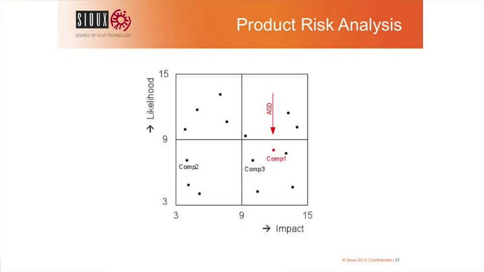So what we're seeing is that we still need to test these components also when they are generated out of models, but the way we test them can be different. We can use less formal test techniques. We can use less time on these test techniques. So we still need to test them, but the test techniques will change, the test approach will change. Probably we can focus on other components that are still in quadrant 1. So we can use our testing time more efficiently that way.